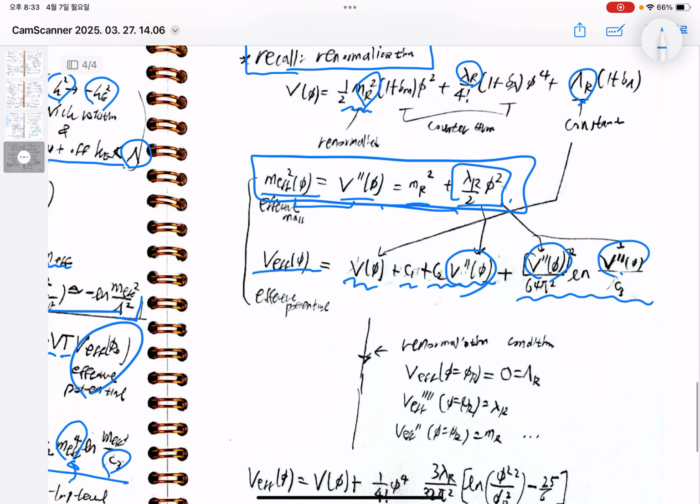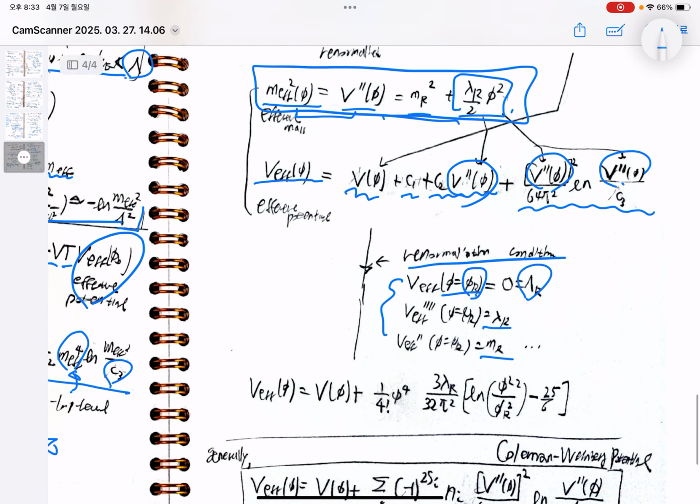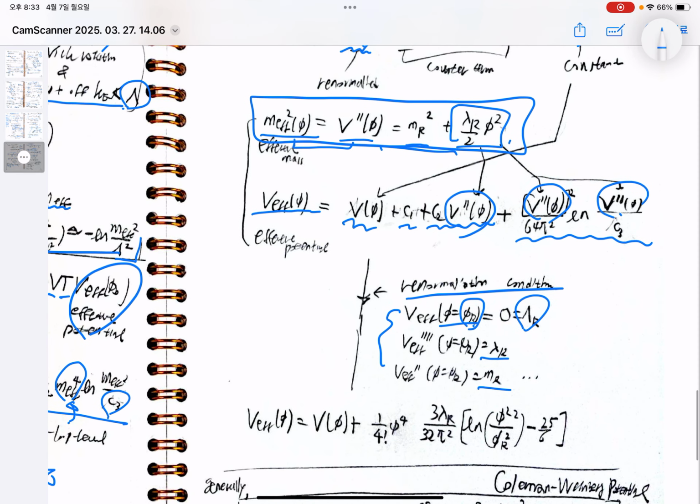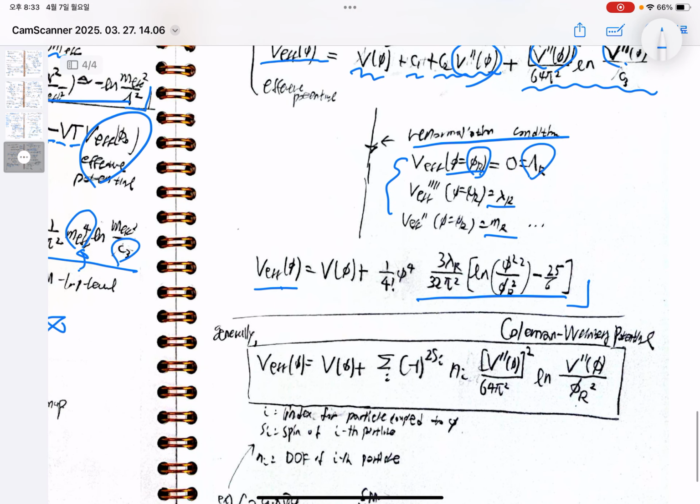By imposing the renormalization condition at φ equal to φ_R, the renormalized field, we can define several quantities such as the cosmological constant at the renormalized scale, the quartic coupling λ_R, and the mass m_R. Now we can obtain the coefficients like that for the effective potential, and generally we call this the Coleman-Weinberg potential.